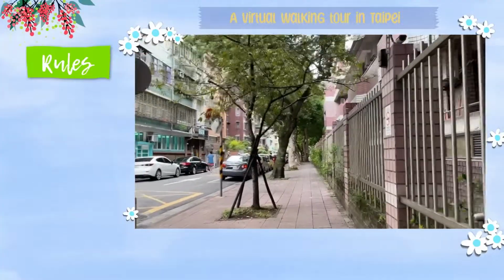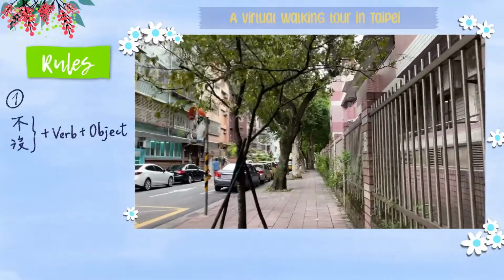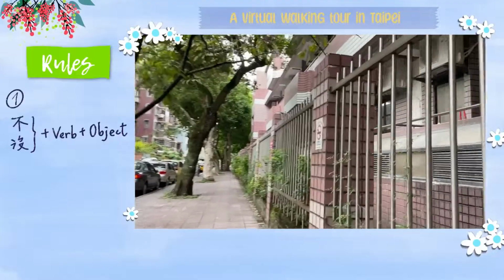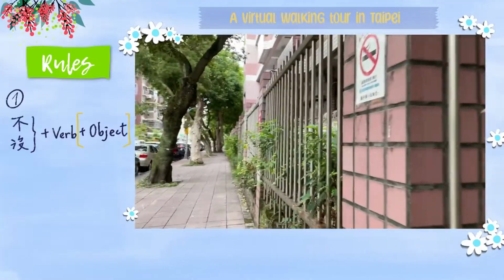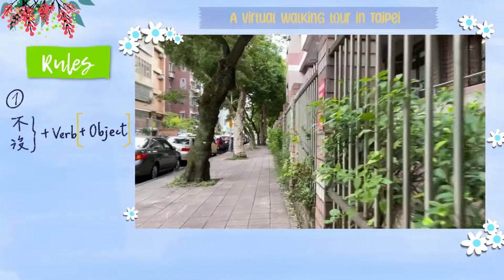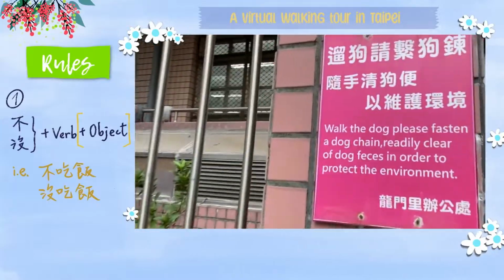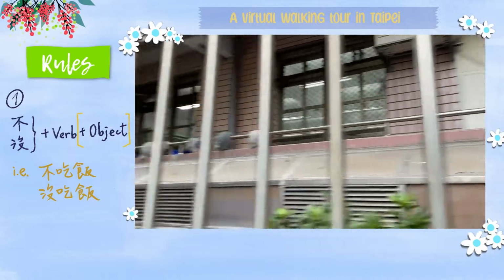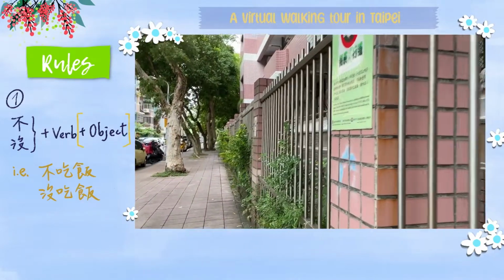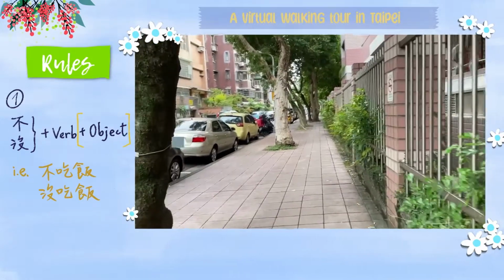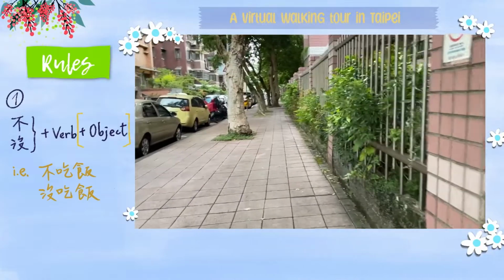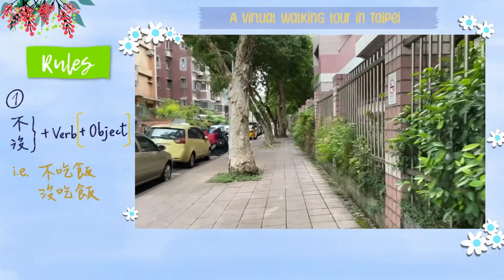And then also we have not just the verb, we add the object right after the verb. For example, 不吃饭, don't eat. And 没吃饭, I didn't eat. So yeah, like you said, it has something to do with the tense usually.